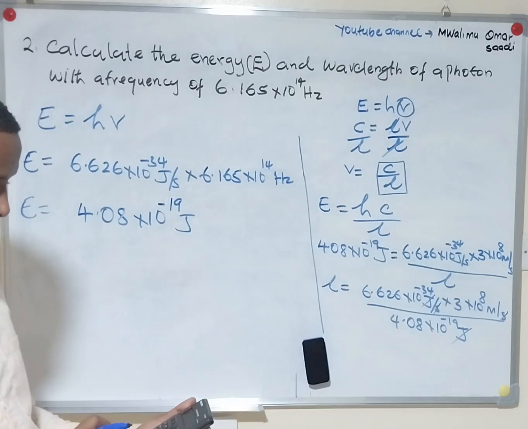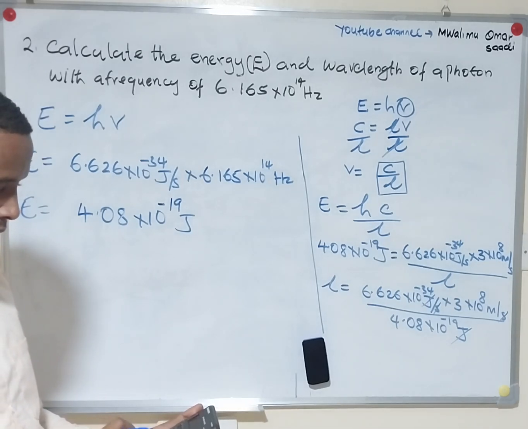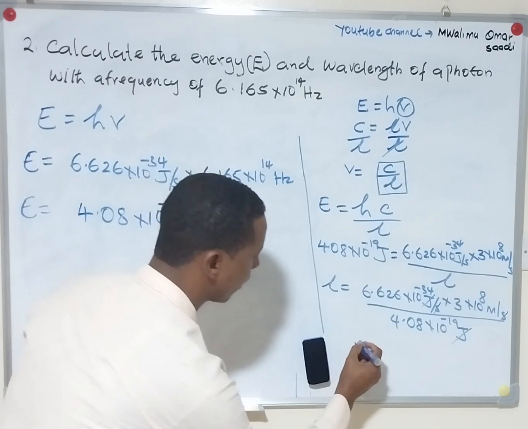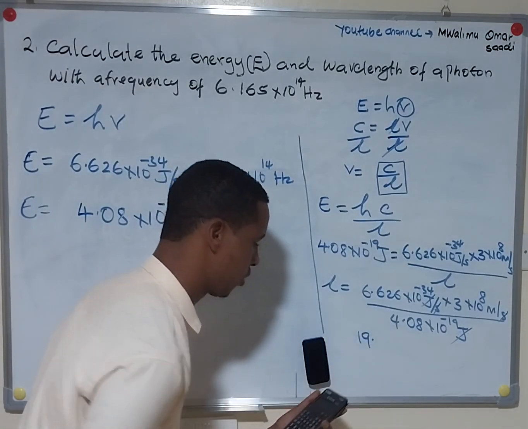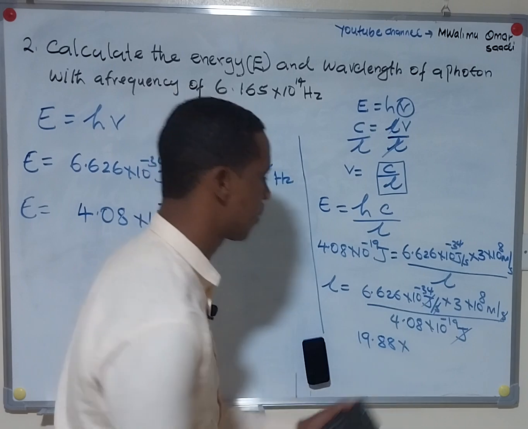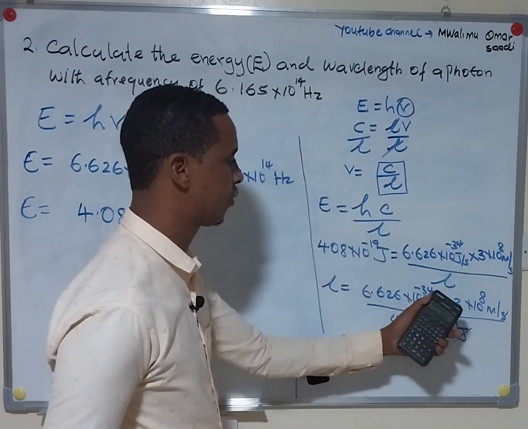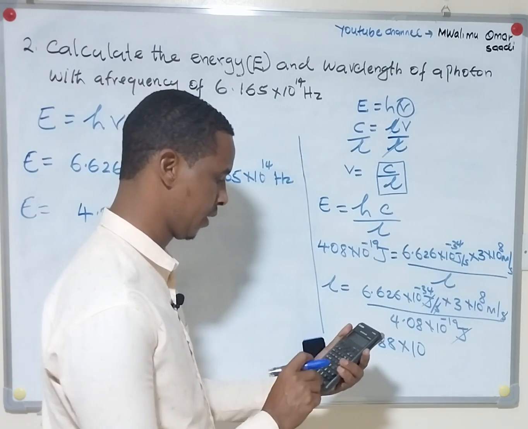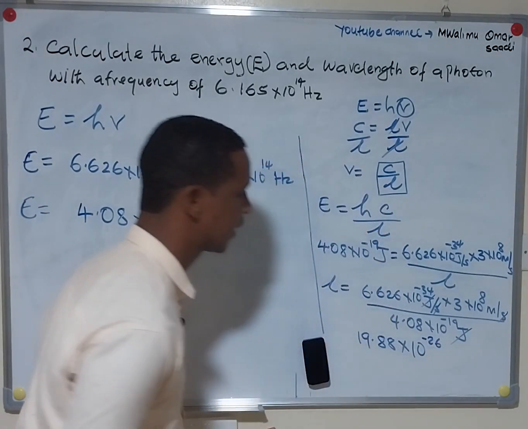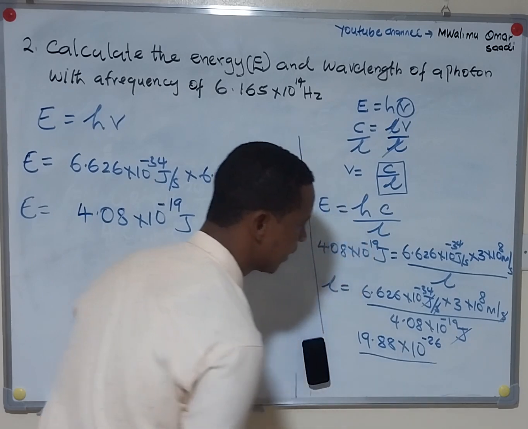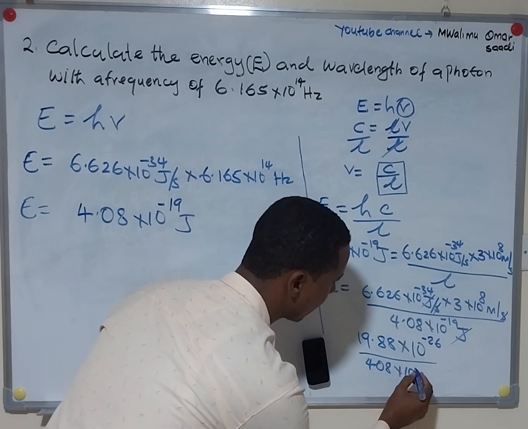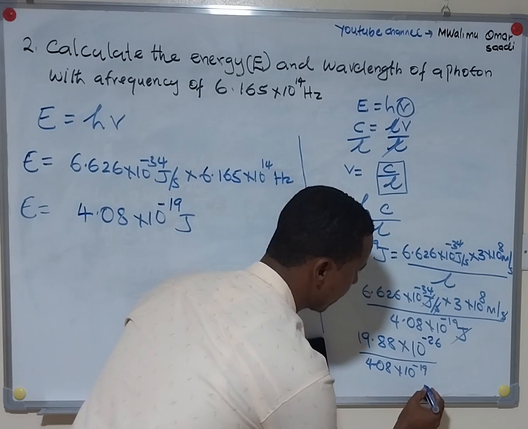6.626 times 3, that is 19.88 times 10 power negative 34 plus 8, which will be negative 26, power negative 26, all over 4.08 times 10 power negative 19.